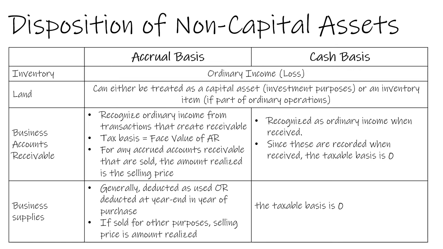On the cash basis, any ordinary income received is the realized basis. Business supplies are the same thing. While they're generally deducted as used or deducted at year end, if they're sold for other purposes, the selling price is the amount realized. For an accrual basis firm, their value on the balance sheet is the amount of their basis. For a cash basis firm, the taxable basis is 0.